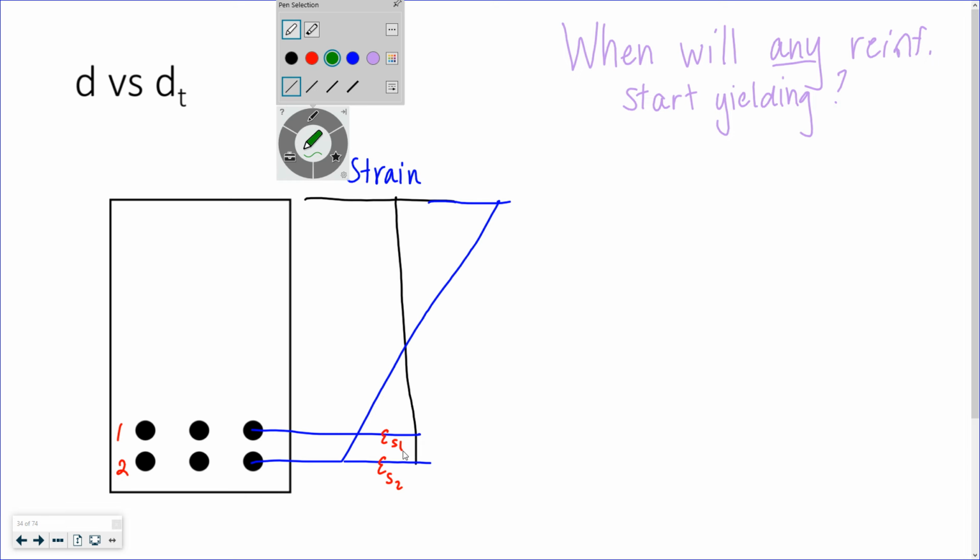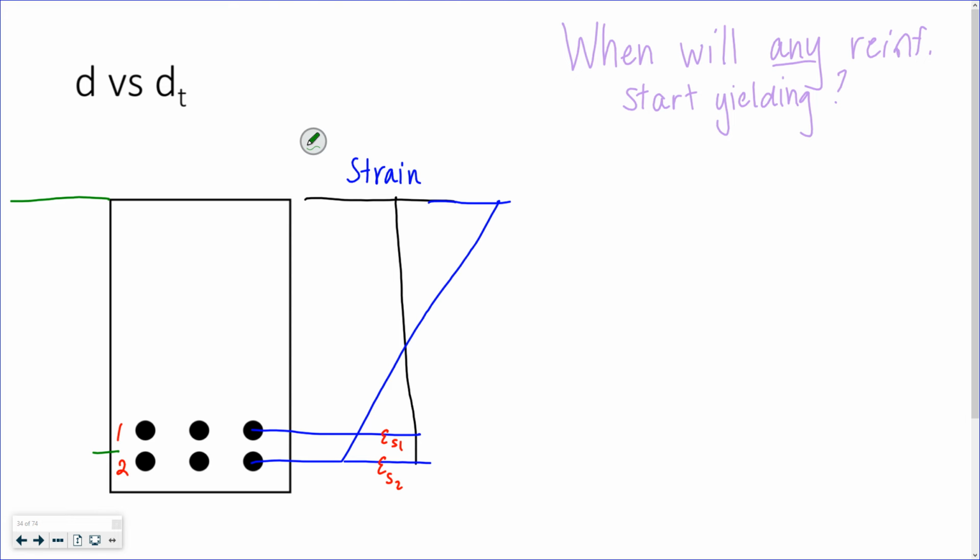So previously I had defined this value D, which is the distance from the extreme compression fiber to the centroid of my reinforcing steel. And this is 2 layers, so the centroid would happen right in the middle. Or 2 equal layers, right?